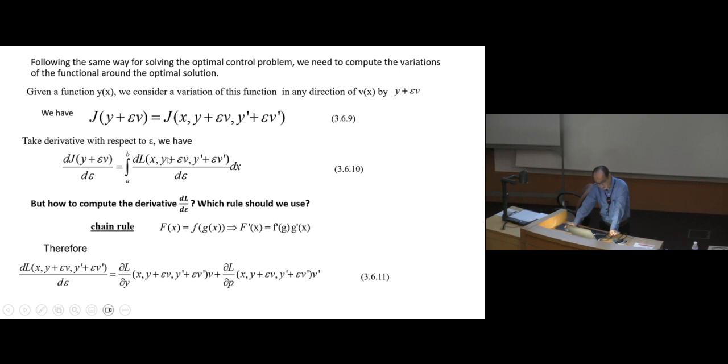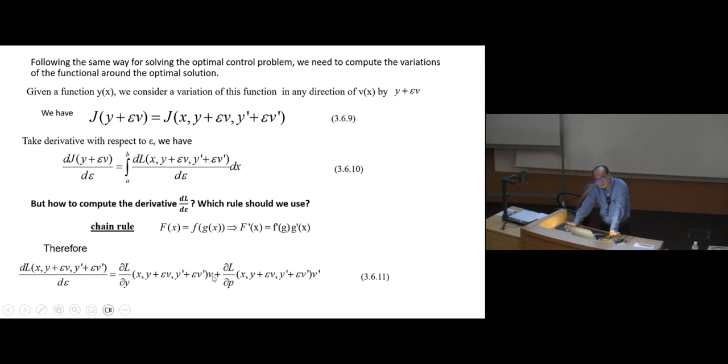This second term depends upon epsilon. That's why we need to take the derivative of this L with respect to y, the second variable, dL/dy, times the derivative of this second term, which is v.